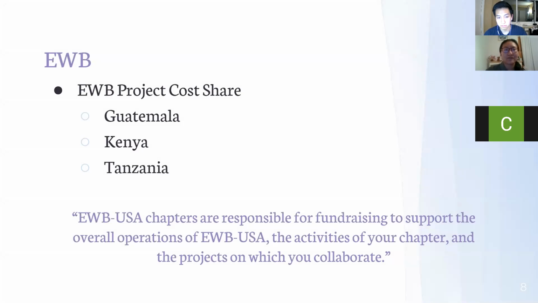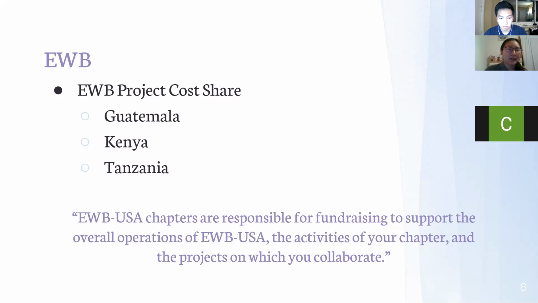They gave us funding for Guatemala, Kenya, and Tanzania. Unfortunately, because Camden is a domestic project, they have not given us funding for that. Luckily, since Guatemala and Tanzania will be implementing this year, they provided us $30,000. This is great news.